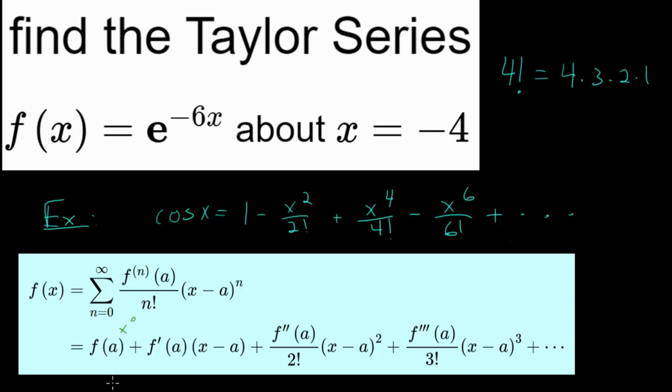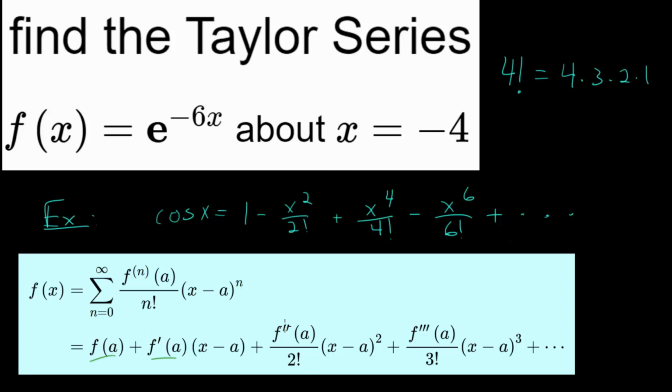Where if we look at the coefficients on the different x terms, notice that they all involve the different derivatives of the function, where you can think of this as the 0th derivative, or just the actual function evaluated at a.